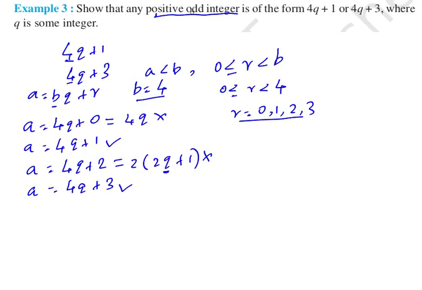So we have shown that any odd positive integer is of the form 4q plus 1 or 4q plus 3. Definitely a can be in the form of 4q plus 1 or 4q plus 3.